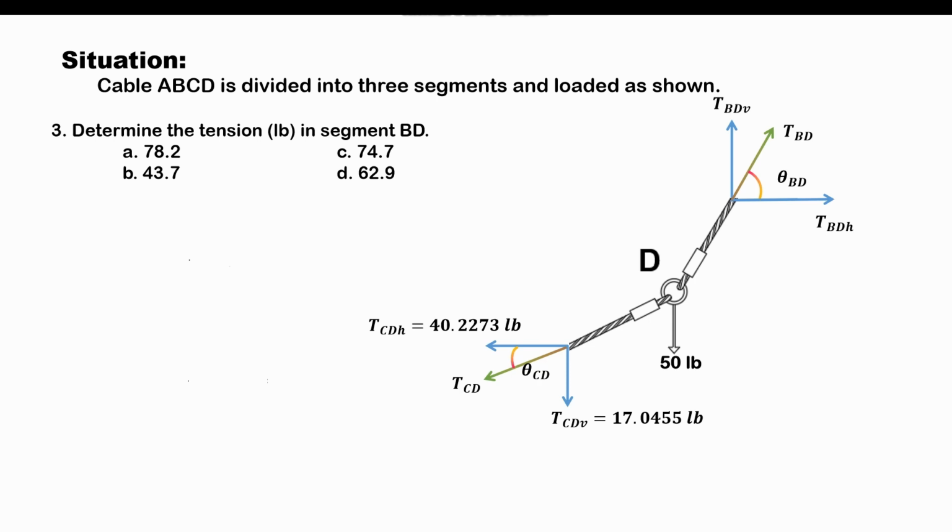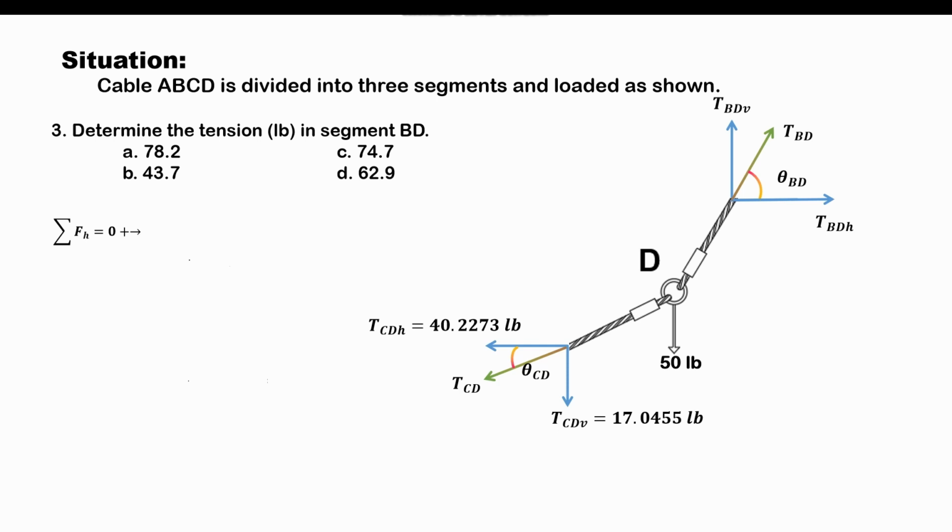Again, the equations applicable when we are using the method of joints are the summation of forces along the horizontal and vertical directions. So let's first consider the summation of forces along the horizontal, considering forces acting to the right to be positive.